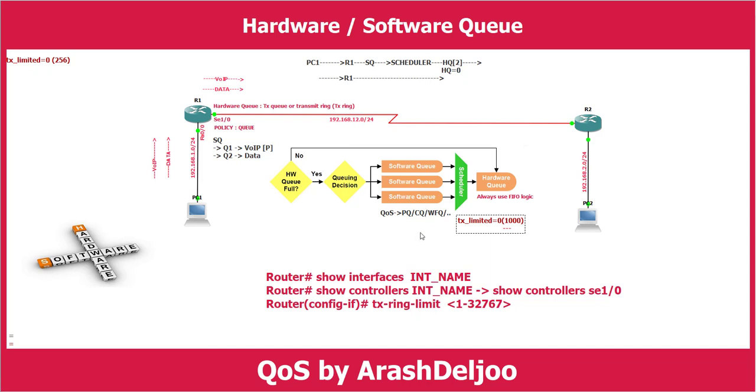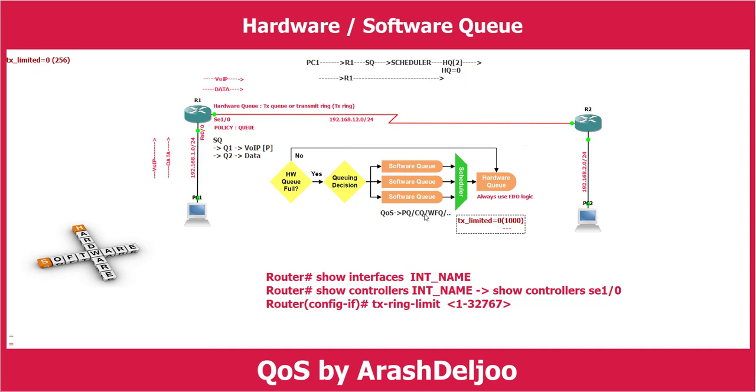It is obvious. Assume that the length of the hardware queue is 1000 packets. Because of that, all of the packets that we want to send on the serial 1/0, including VoIP, data and video, go to the hardware queue, the software queue doesn't work, and all of our policies don't work.